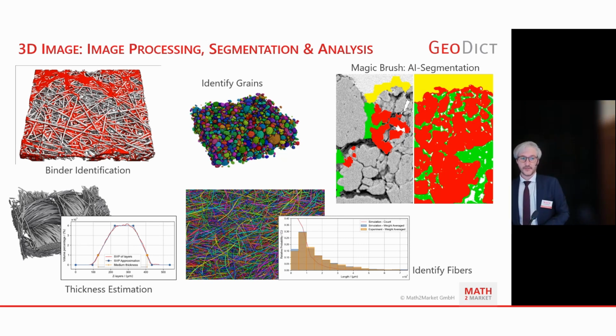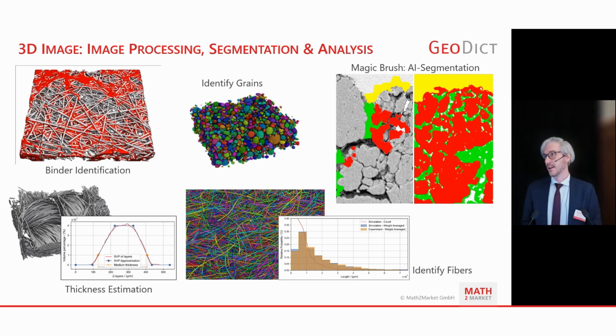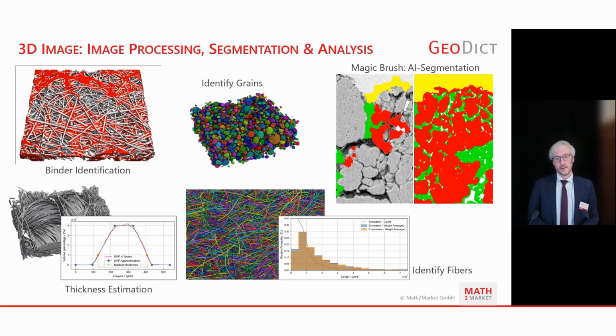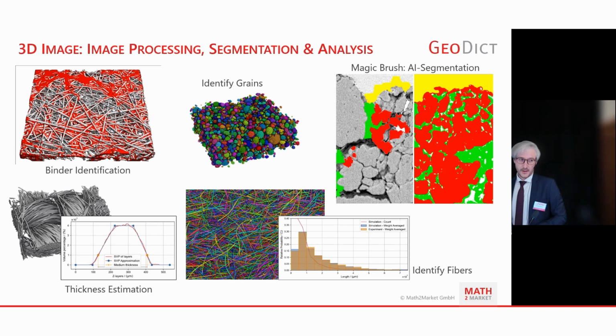You can identify single grains in a granular material and get the properties of each individual grain and statistics, for example, of the size distribution of the grains. You have seen the magic brush for AI segmentation, which is also very powerful.